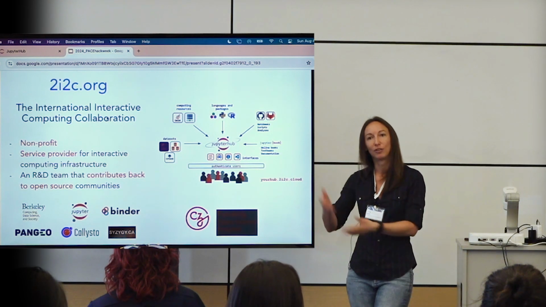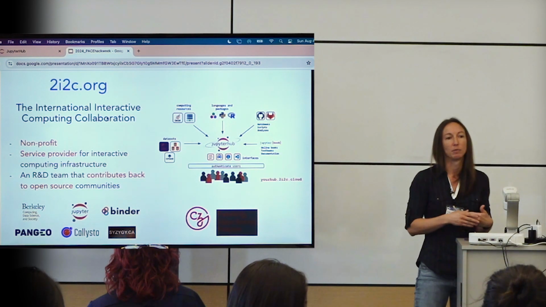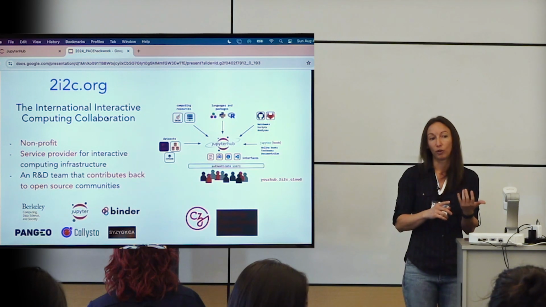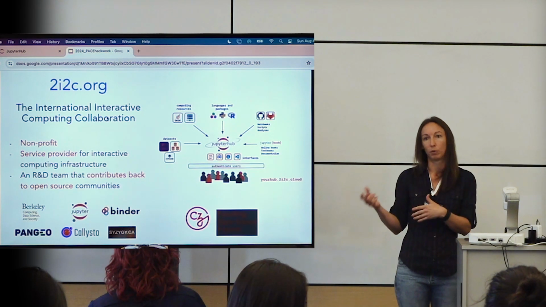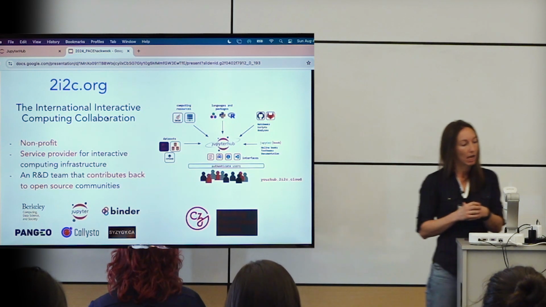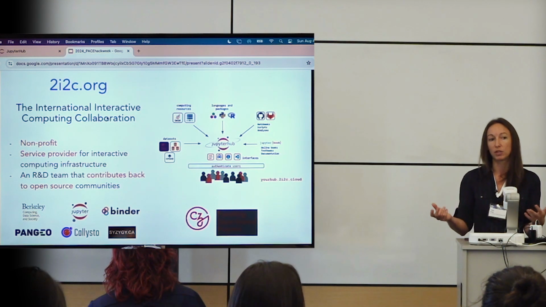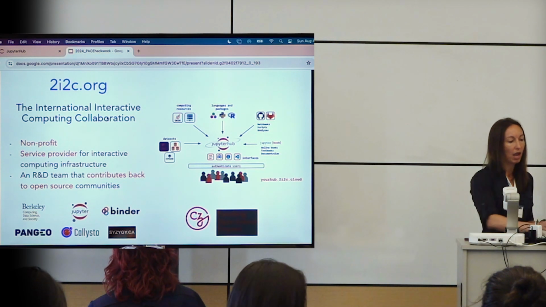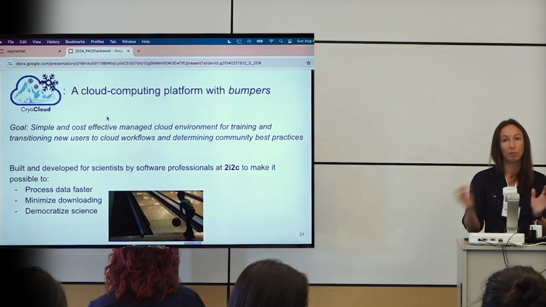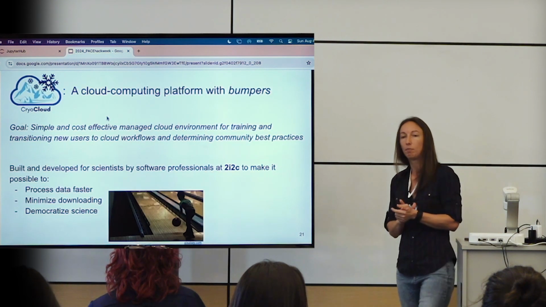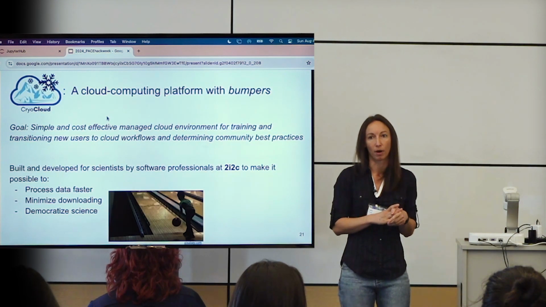Everyone wanted them, so they built this nonprofit to be able to serve research and education as cheaply as possible with these cloud platforms. And everything that they build is contributed back into the Jupyter ecosystem, so it's completely open and reproducible. And so we decided to partner with them to build a cloud computing platform with bumpers.